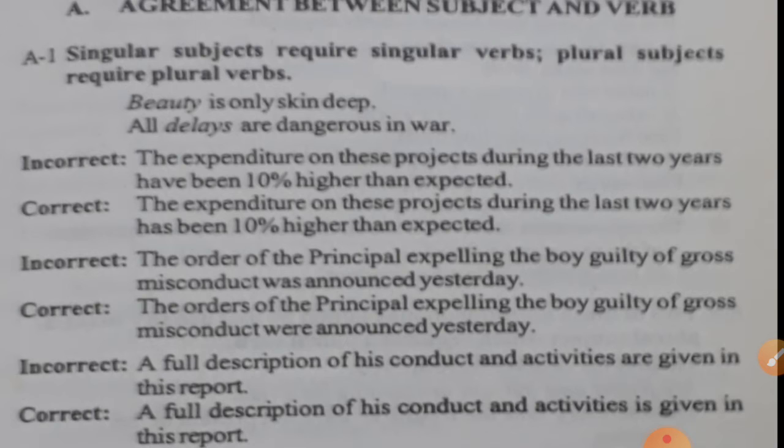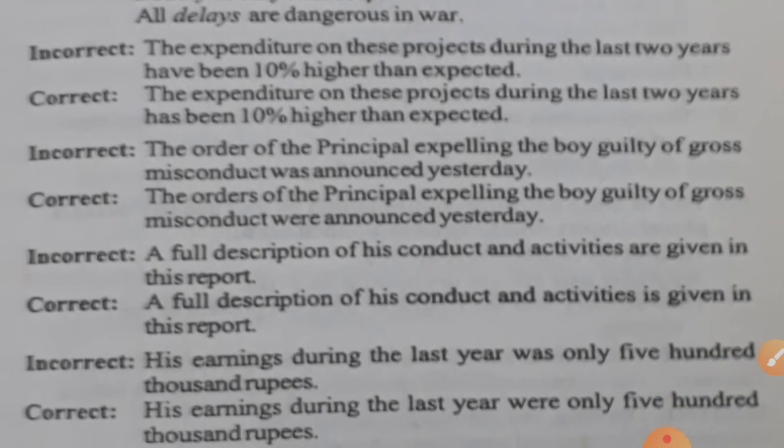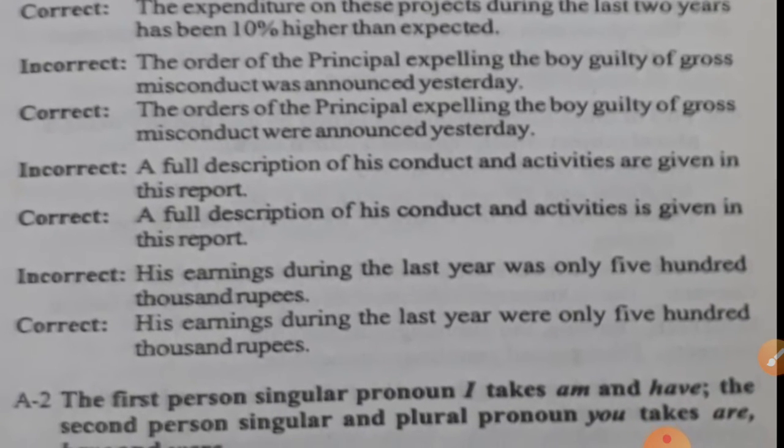But again, as in the first sentence, actually we are not concerned with conduct and activities, but our focus of attention is a full description, which is in singular form. A full description of his conduct and activities is given in this report.